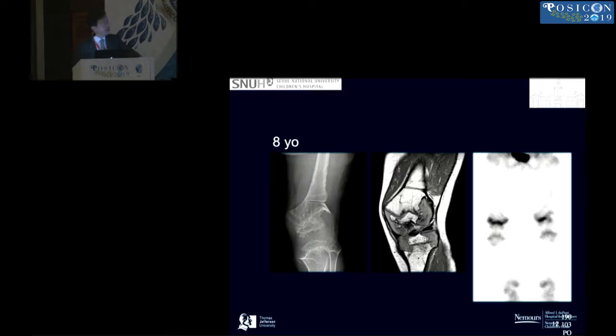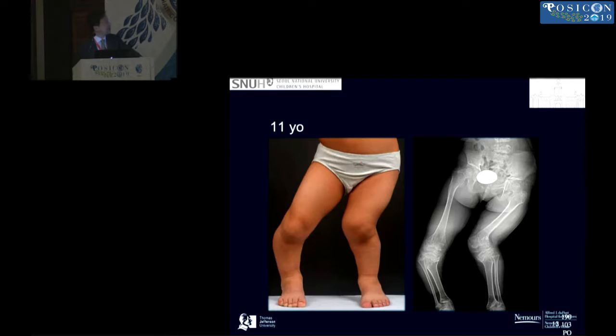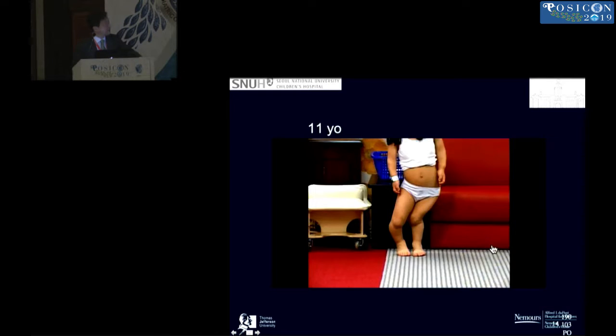And then it is very evident the deformity will aggravate, and 3 years later she develops so severe deformity like this.